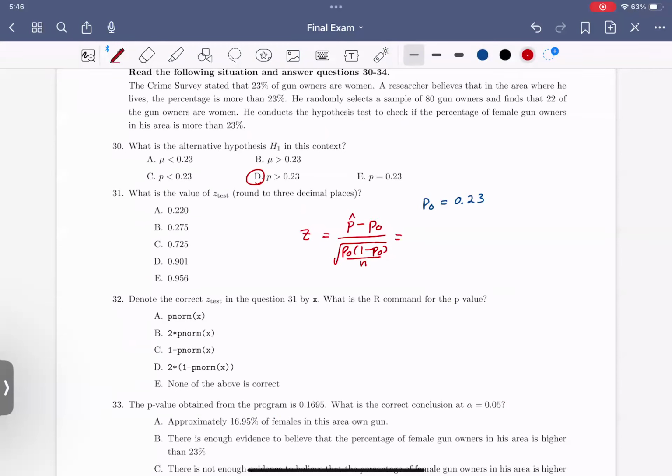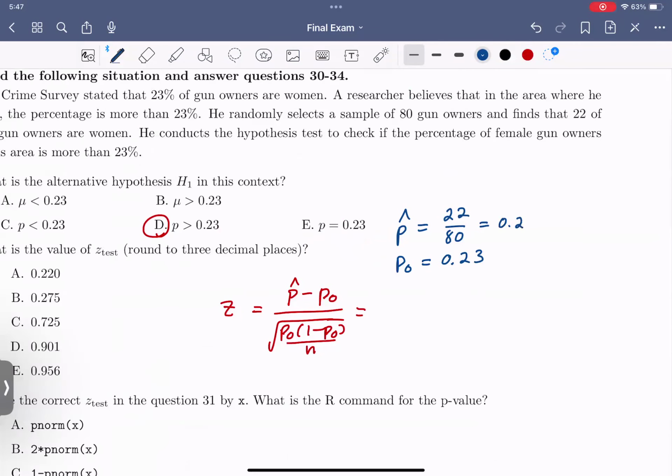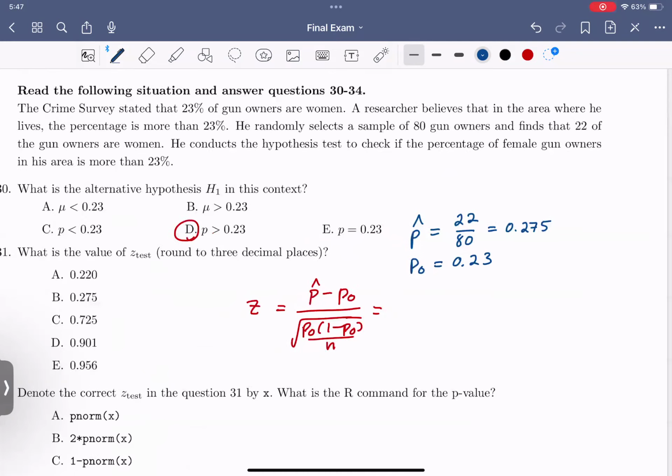Okay, so you need to find p hat first. So p hat is 22 out of 80, right? So out of 80 people, you have 22 women that own guns. That means p hat is going to be 0.275, because it's 22 over 80.